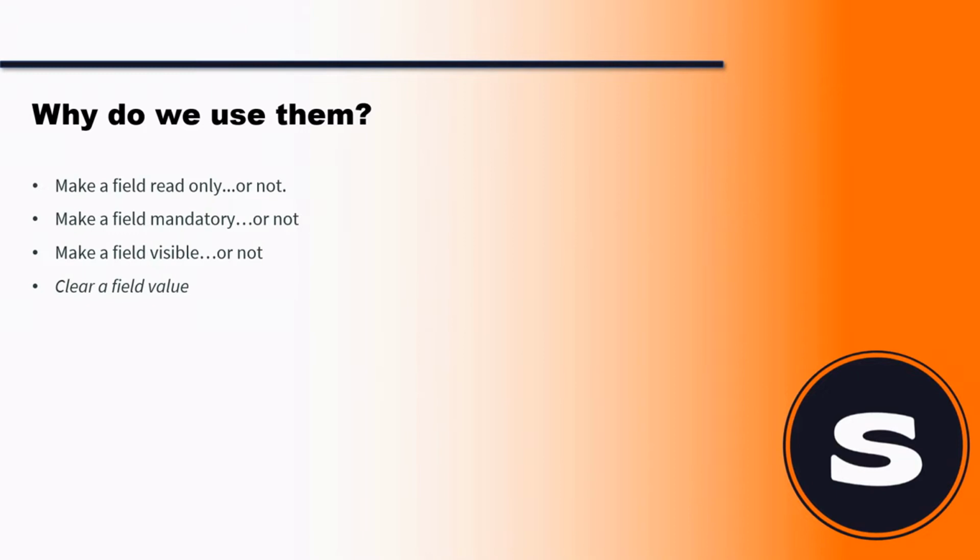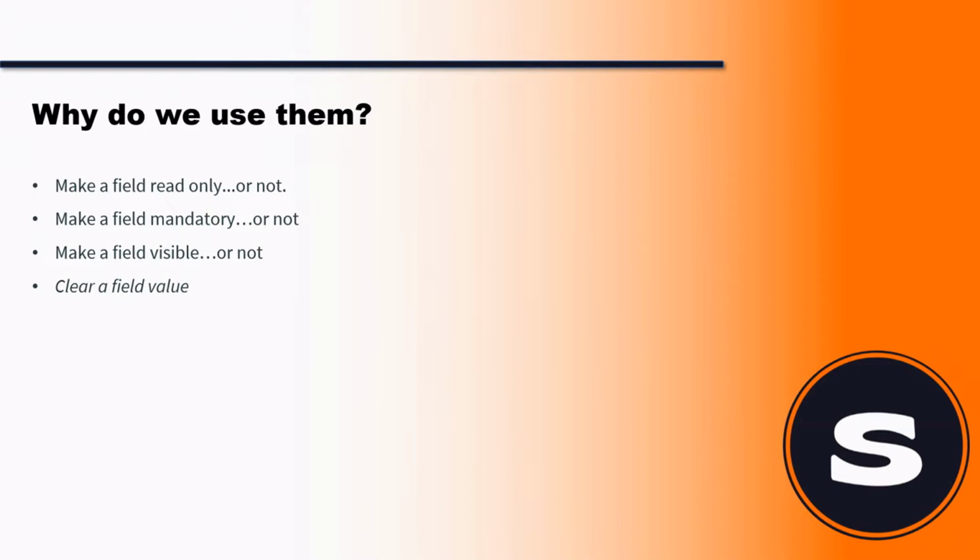And we can use them to make a field or many fields visible or not on the form. Now, all these can happen under, as I said before, certain conditions. These are the three predominant uses you would look to do within a UI policy.